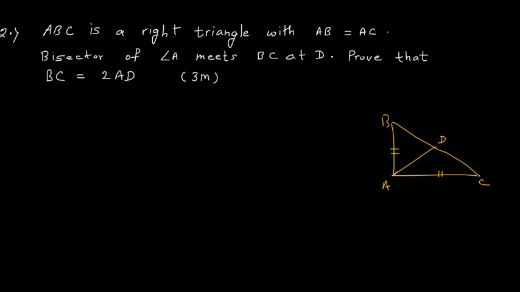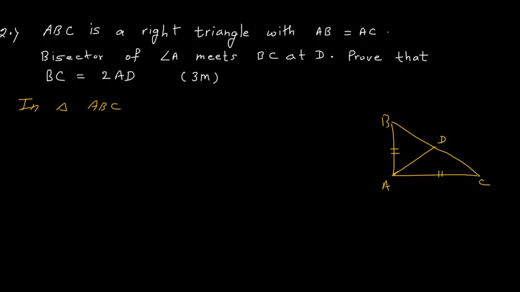So here in triangle ABC, it is a right angle triangle. Okay, so two sides are equal. So two sides are equal, then definitely it is not going to be equal to the hypotenuse, means hypotenuse will not be there.